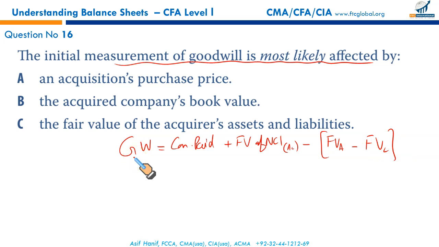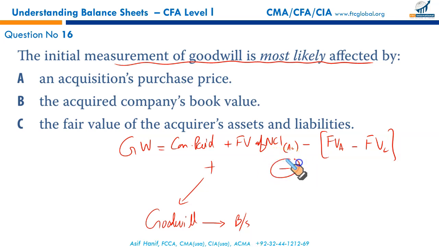And one very fine point, maybe you need it later. If the result of this formula is positive, please note it down, goodwill is reported as an intangible long-lived asset on the parent's consolidated balance sheet.